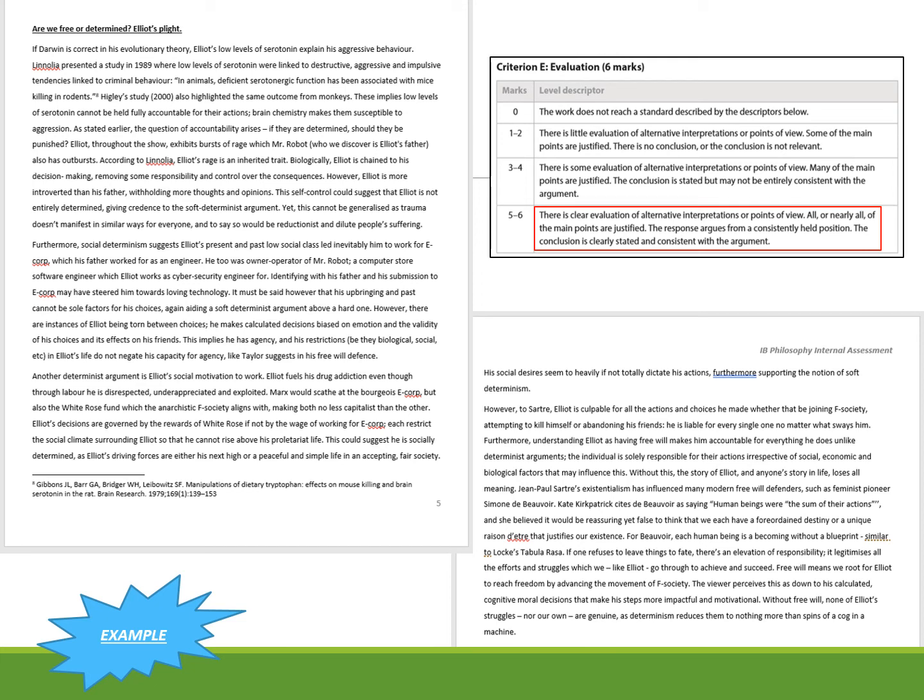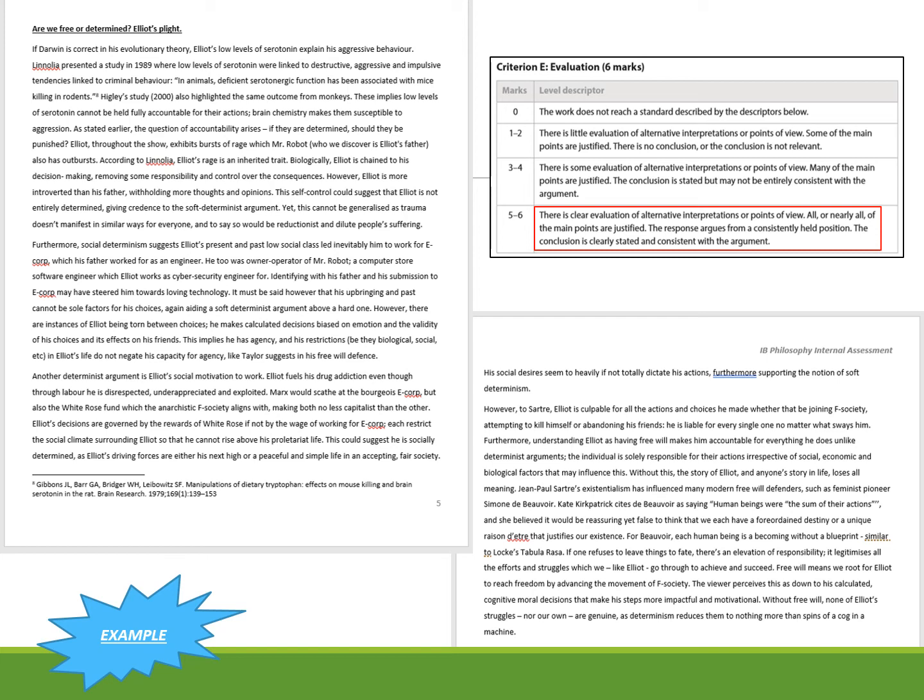Same for evaluation. Look at the evaluation points. Where in this extract from the example is the writer saying, given their thoughts on the possibility of that suggestion of an answer, what they think about Darwin's biological determinism point of view? Where are they talking about social determinism and how valid they think it is?